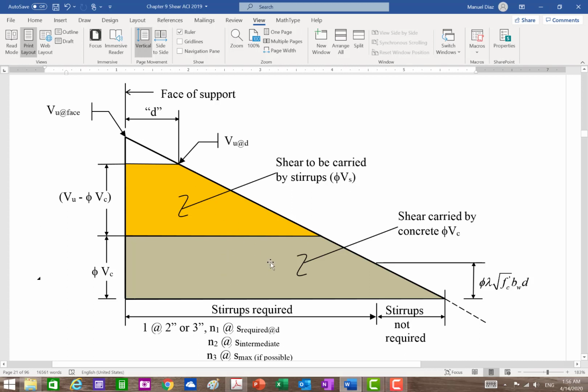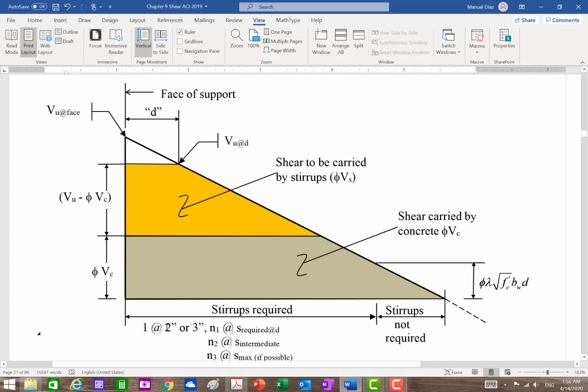Now, if the concrete can carry this, then you will say, well, I don't need to do anything after this point. But the code says no. You have to go to this point, and you have to put the stirrups there. So up to this point, you have to design the stirrups. Beyond that, you don't need to design the stirrups. Now, how do you specify your stirrups?